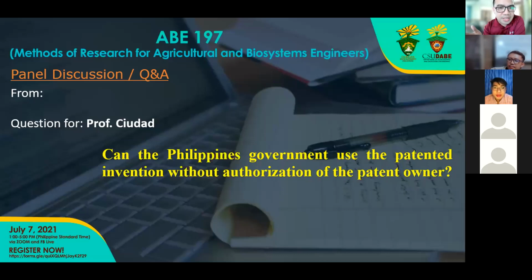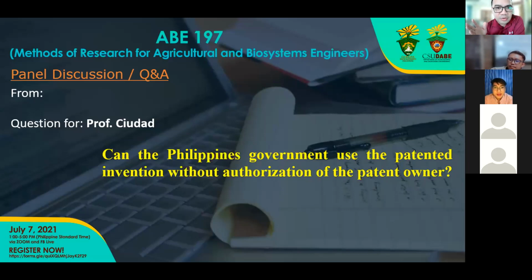But there are certain cases, as mentioned earlier. One is national security. Public health, so the COVID pandemic was mentioned. These are the exemptions to the rule that the government can make use of this patent. That is provided by law.